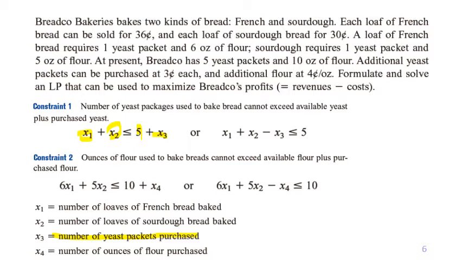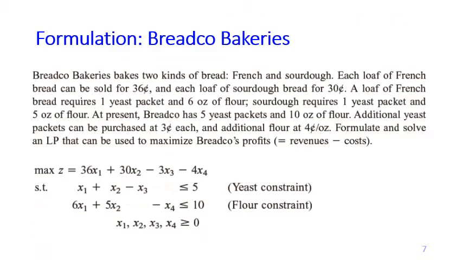For the flour, it's the same: 6 ounces for French bread, 5 ounces for sourdough, cannot exceed 10 ounces that you have, plus additional ounces of flour that you purchased. If you move all the variables to the left-hand side, the constraints will look like this. To complete the formulation, do not forget to add the sign restrictions saying that all variables must be non-negative.